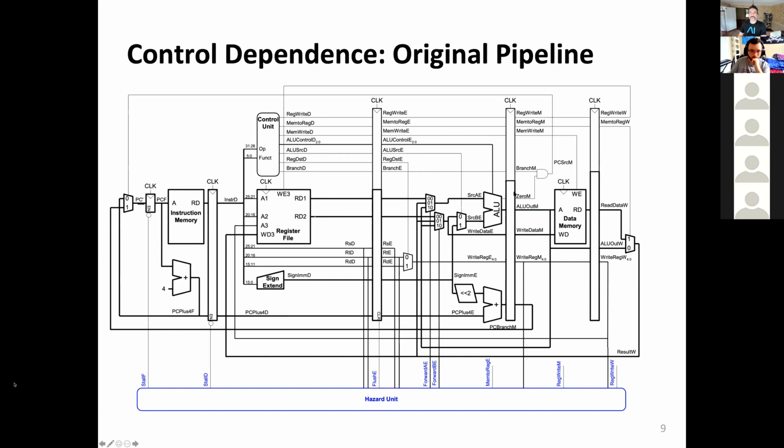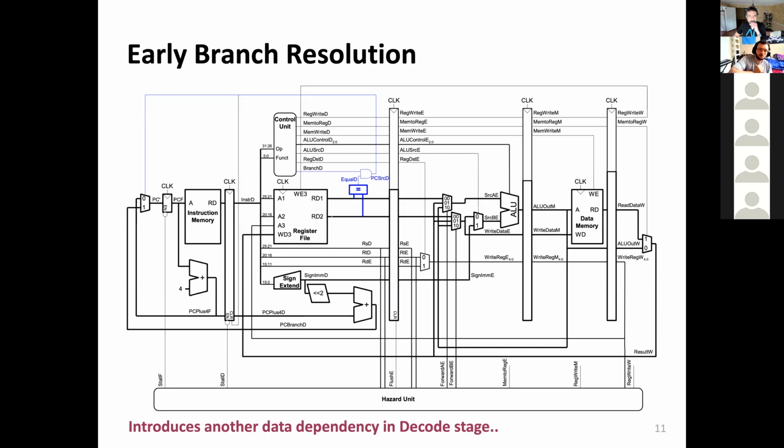To be more specific, this is the original pipeline that we already have. This is the decoding stage, and in the second part of the cycle, we already know the value of these registers.